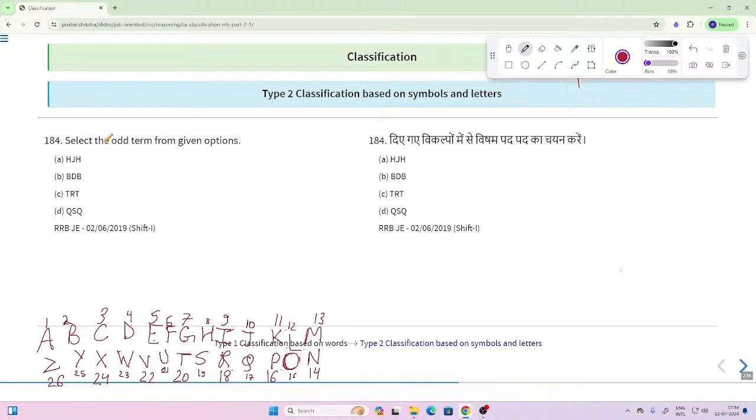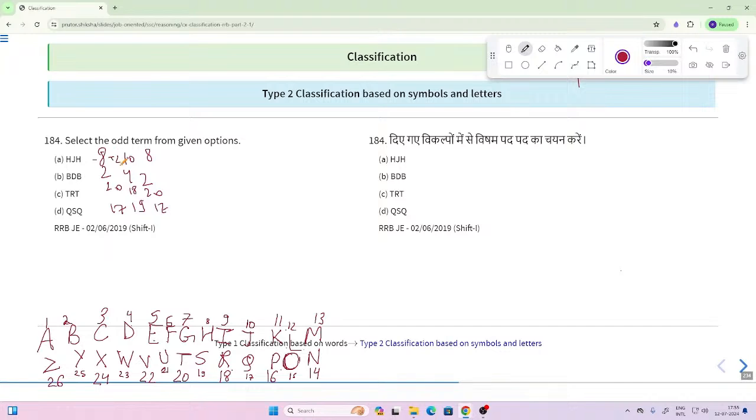Find the odd one out. HJH, PDB, TRT, QSQ. 8, 10, 8; 2, 4, 2; 20, 18, 20; 17, 19, 19.